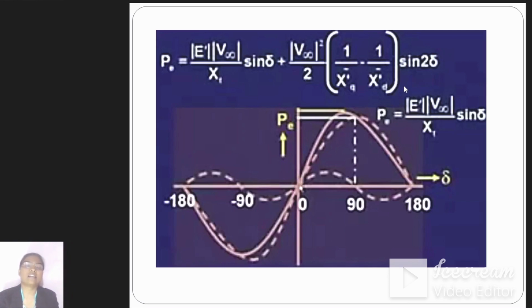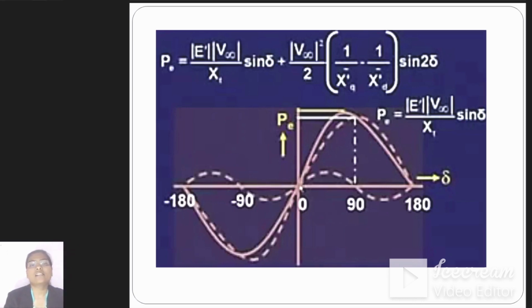In salient, the reluctance part increases, and due to the increase in the reluctance part, the electrical power transferred increases in case of the salient type of rotor. So this is how it is varying.